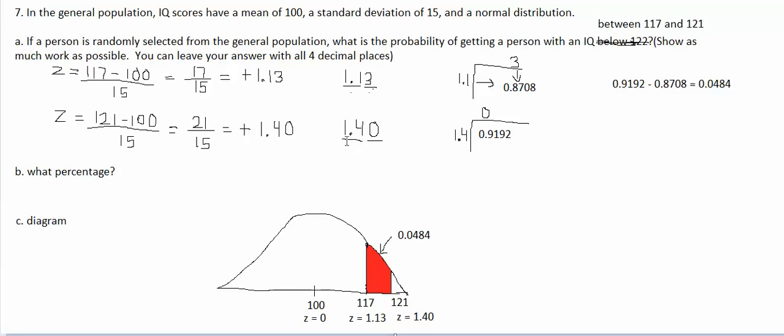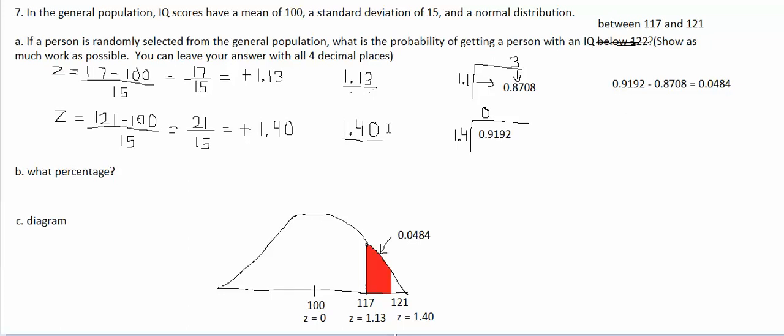This z-score came out to 1.4, and I had to add a 0 at the end so that I had a column digit. So it's column 0. And I got these two numbers from the table, 0.9192 and 0.8708. Once I get to that point, I just subtract the smaller number from the bigger one, and I get the answer at the end.